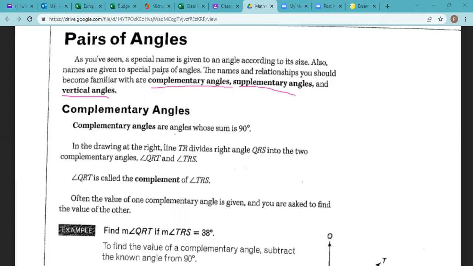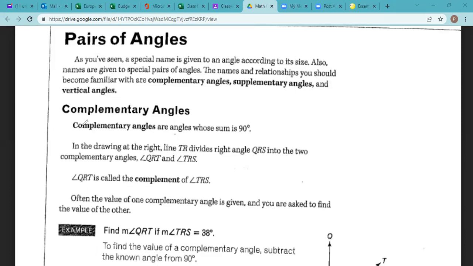Now, I think that the complementary and the supplementary are pretty easy. Vertical, it's not too bad. It just takes a little more explaining. But if you know your right angle as opposed to your straight angle, you should be pretty good on this.